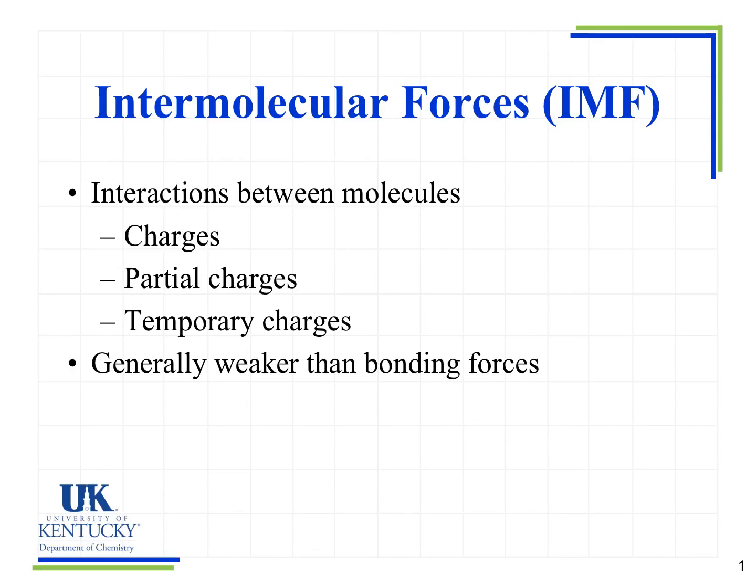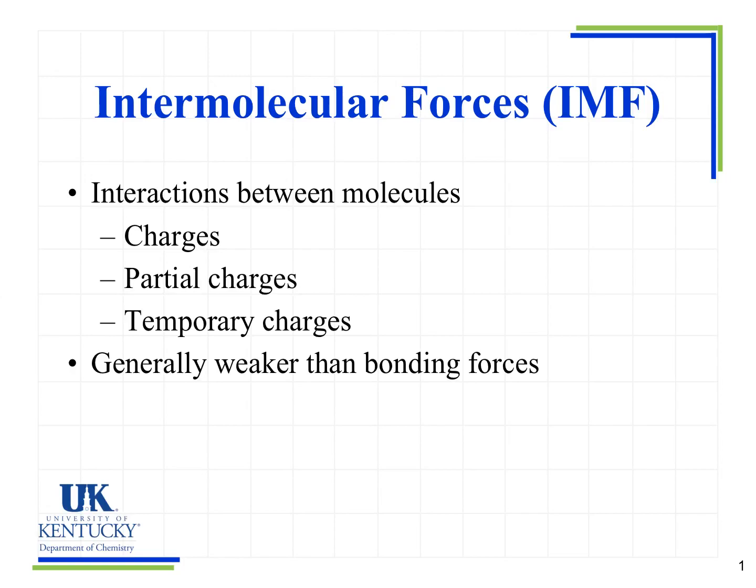And the main thing that we look at for those intermolecular attractions or intermolecular forces are charges. These can be full charges, so positive and negative from a cation and an anion. These can be partial charges that we saw in our polar bonds, where we saw the partial positive and the partial negative, depending on which atom was more electronegative, the more selfish atom. Or we can see temporary charges.